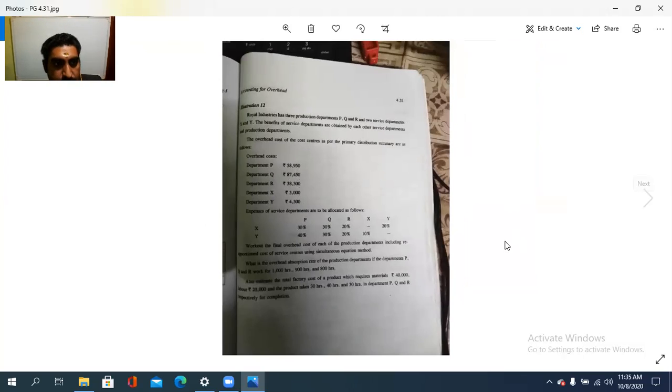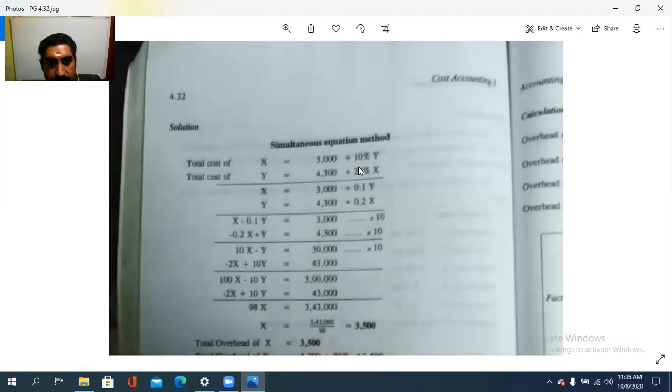It is given as per the primary distribution summary. So in the simultaneous equation, the total cost of X, how much is it? It is equal to 3,000, that is in the question, isn't it?